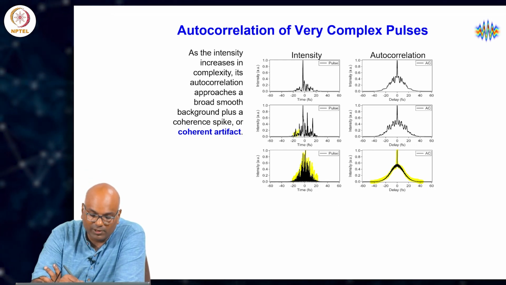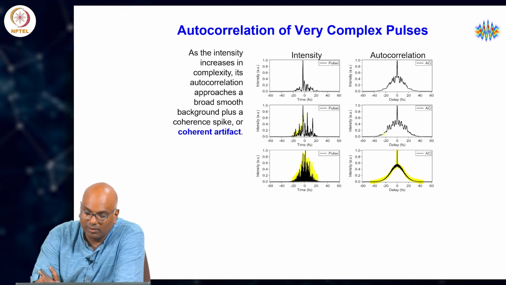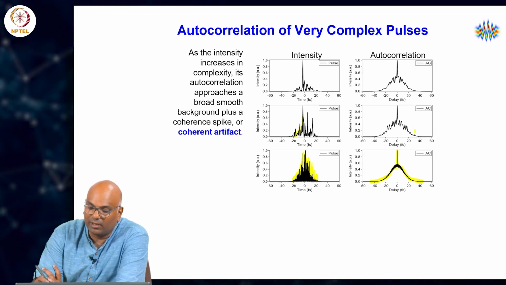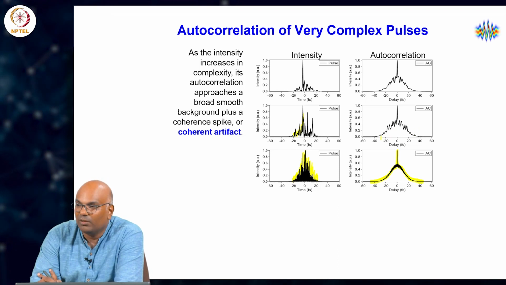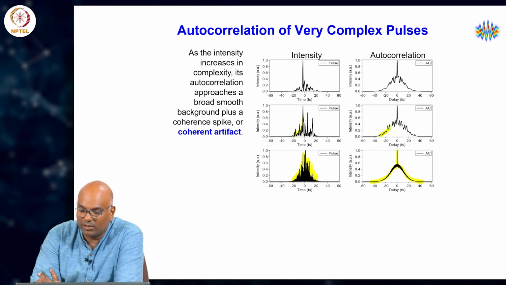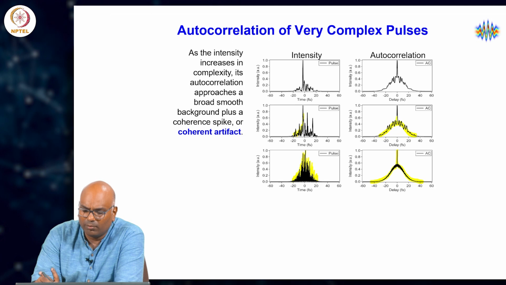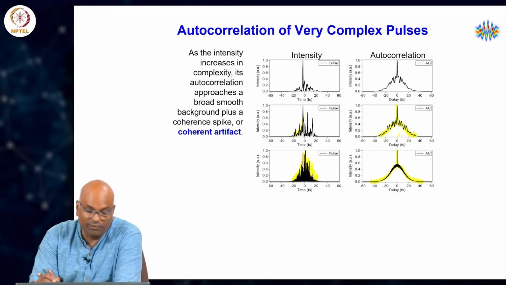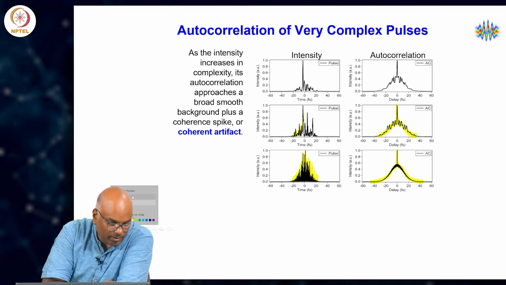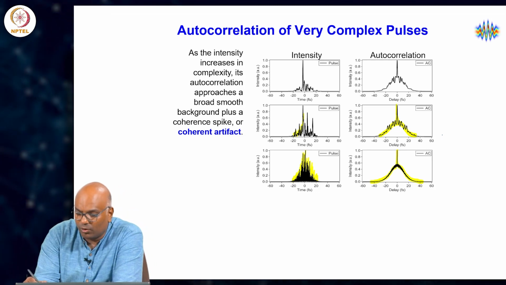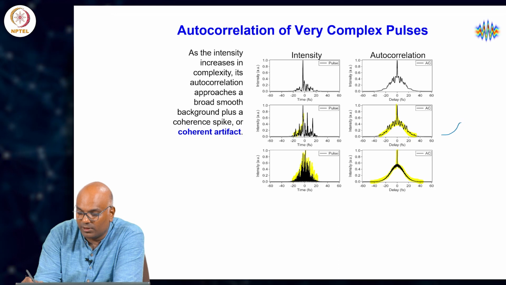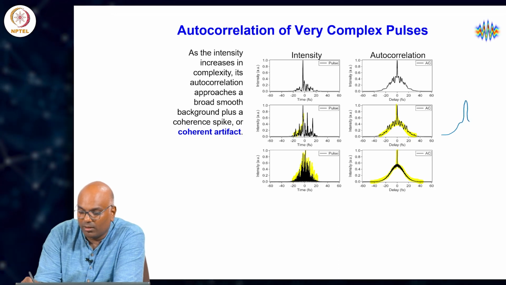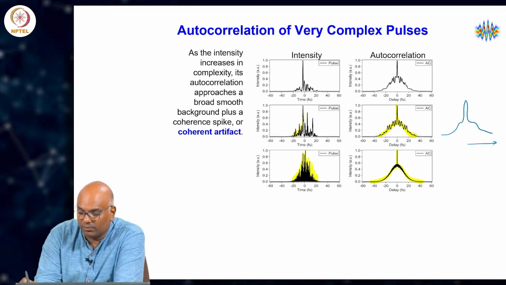Take another pulse which is less noisy, but even then it gives a symmetric autocorrelation trace, which one may associate with just one broad pulse structure and another narrowish pulse structure. And without too much insight, we can say that this autocorrelation belongs to a pulse which in time has this kind of a structure.